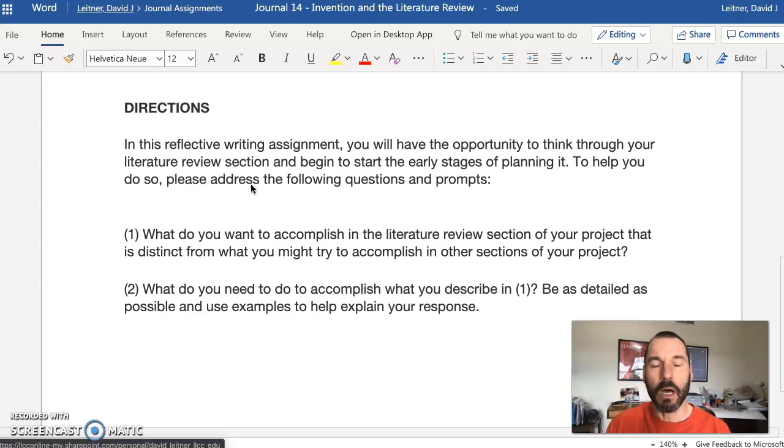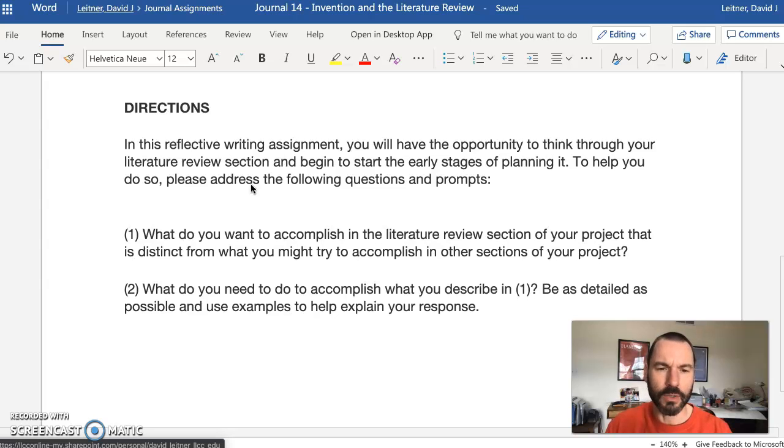But you also want to give the reader a sense that this person has a handle on the current conversation on this topic. Or you might want the reader to be able to see that there are gaps in this literature. That's what those questions are about.